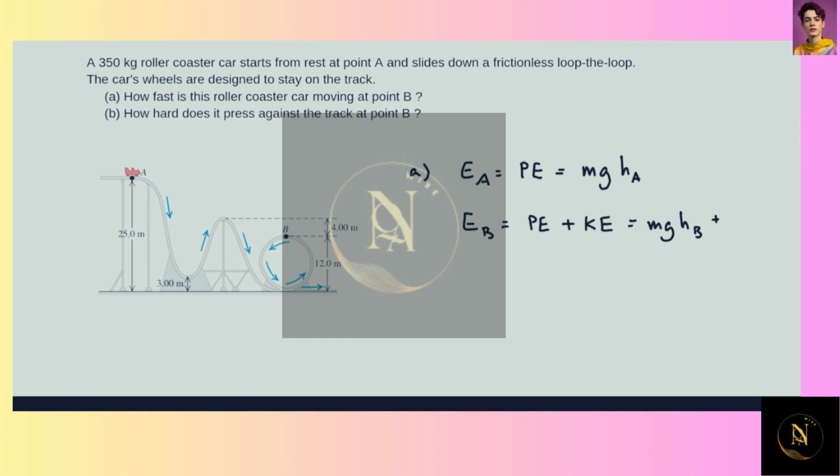And the kinetic energy at this point will be equal to 1/2 times the mass of the cart times the velocity squared, where the velocity is precisely the quantity we want to determine, the velocity at point B.